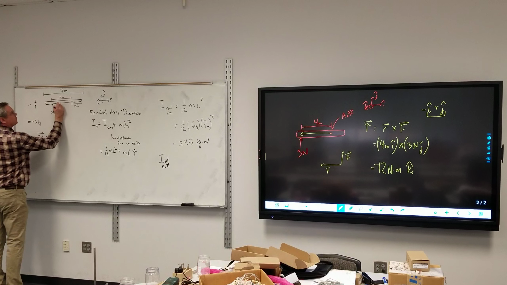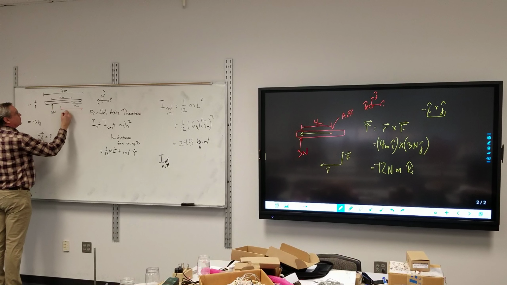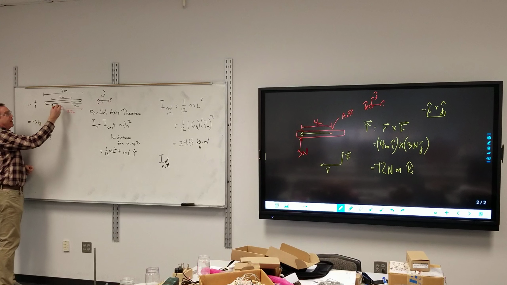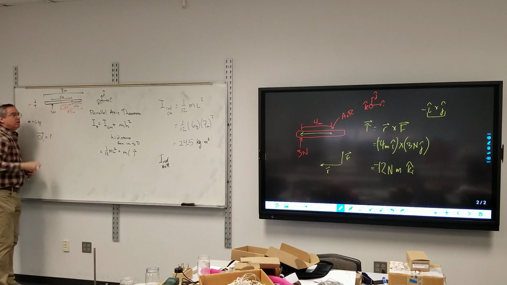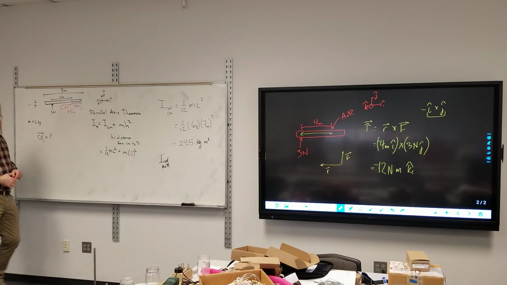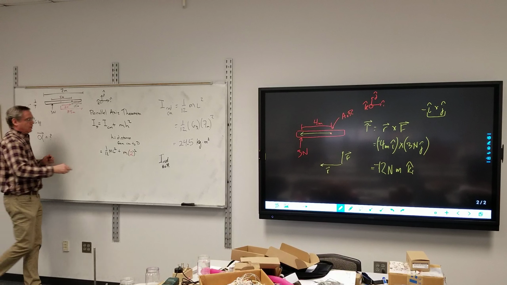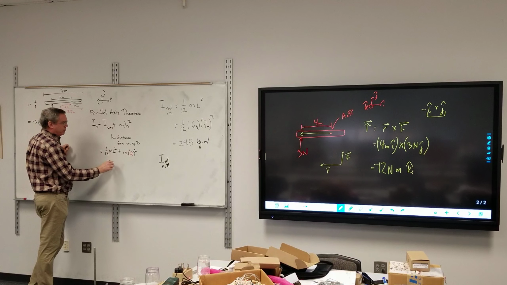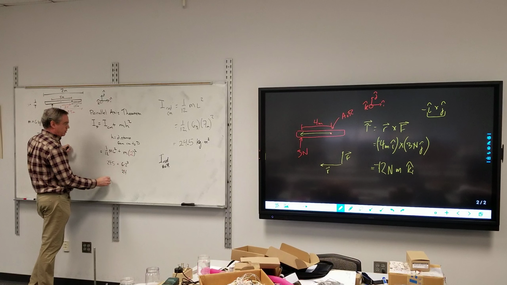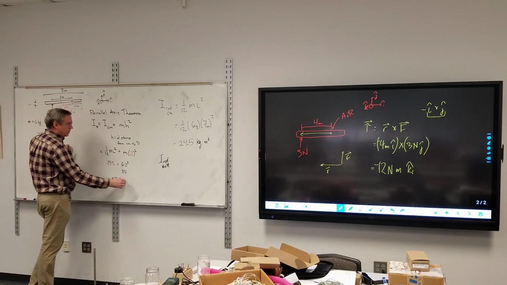The center of mass is here, a distance of 3.5 meters, and we move it towards 1.5 meters from the end, so we're moving the axis 2 meters. So 2 squared. 24.5 plus 6 times 2 squared, which is 24. 48.5 kilogram meter squared.